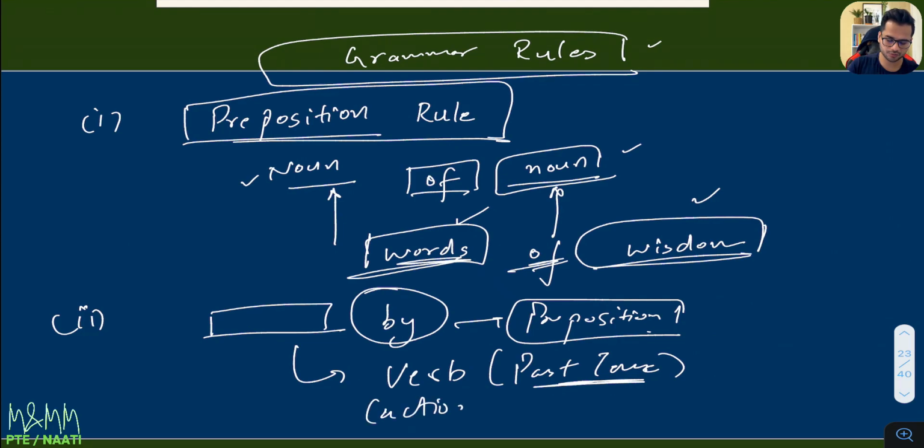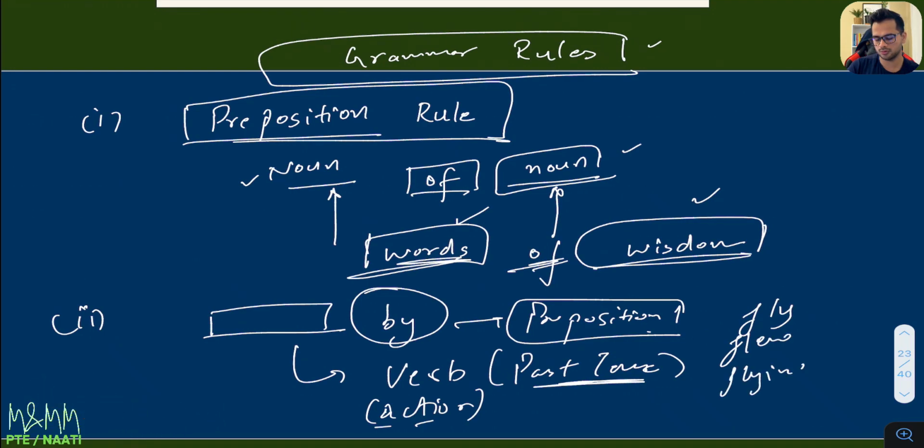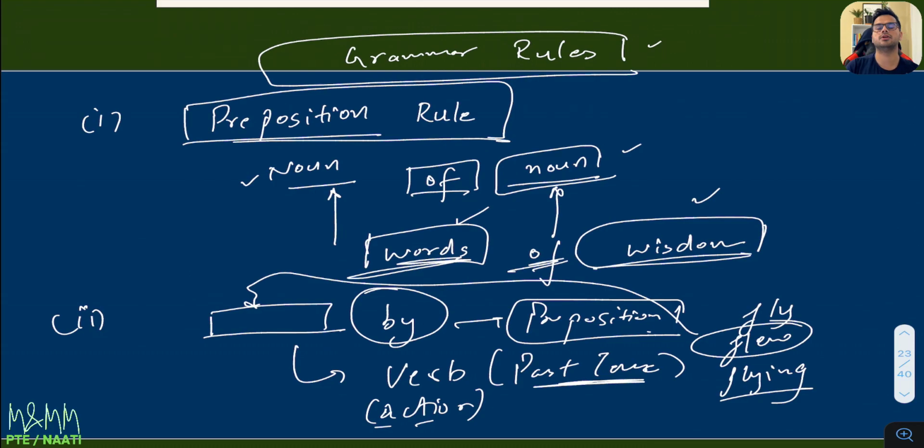Verb as in an action word, and that too in the past tense. Something like, for example, if I give you options like fly, flew, flying, I can't say fly by, I can't say flying by. My correct answer has to be flew by. So anytime if you see the word by and if there's a blank before that, it is always going to be a verb in the past tense. So that's a grammar rule for this.